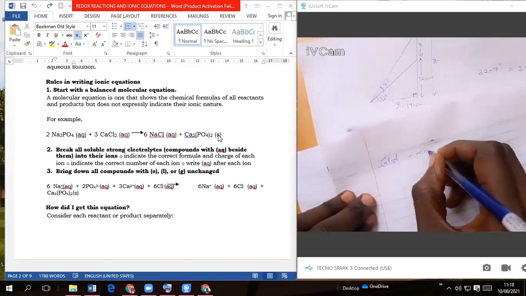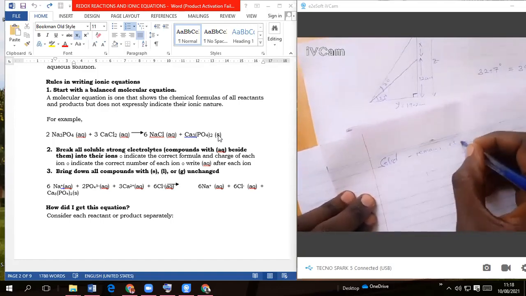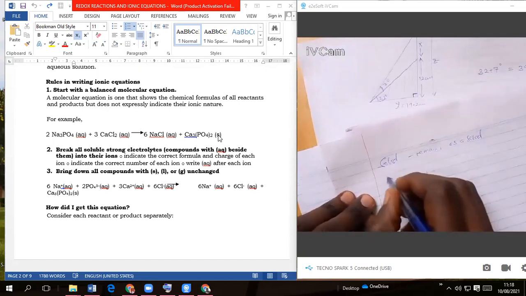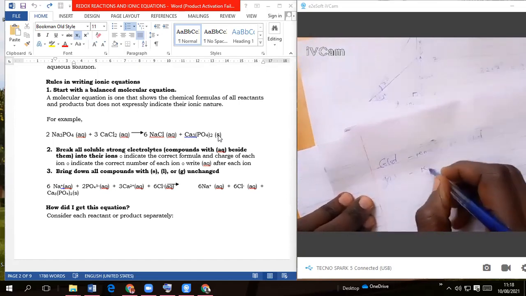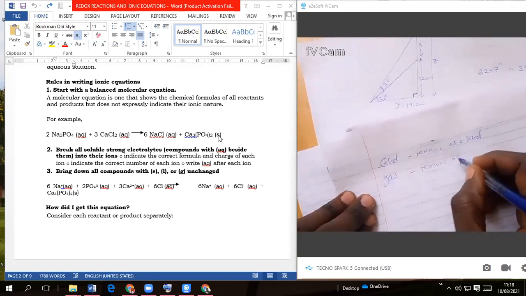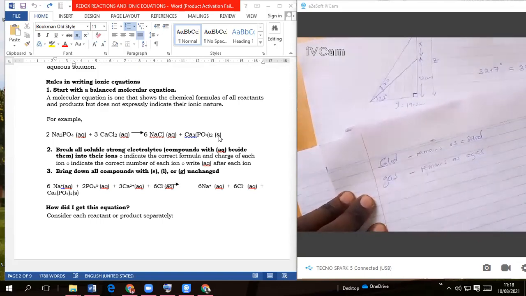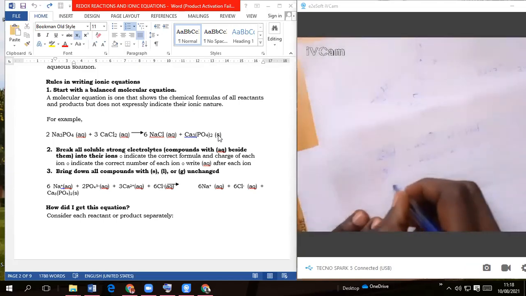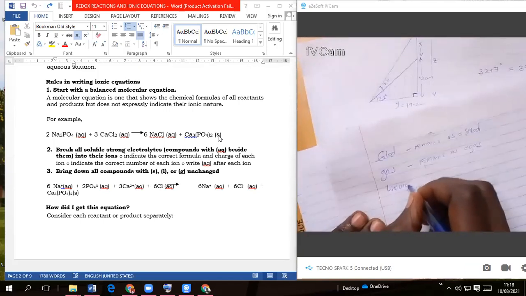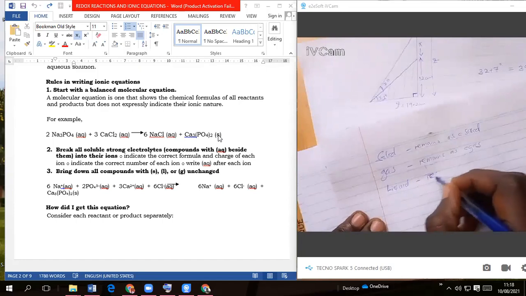It remains as a solid. What is a gas? It remains as a gas. What is a liquid? Remains as a liquid.